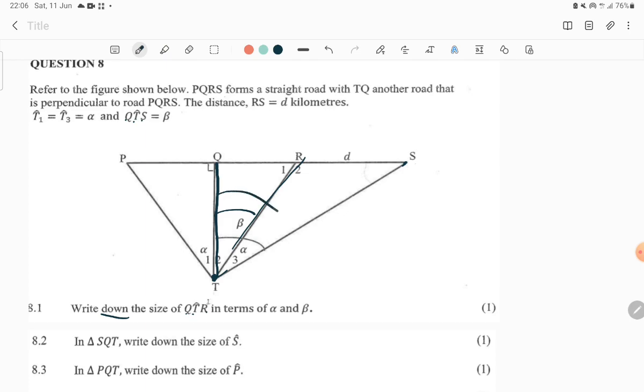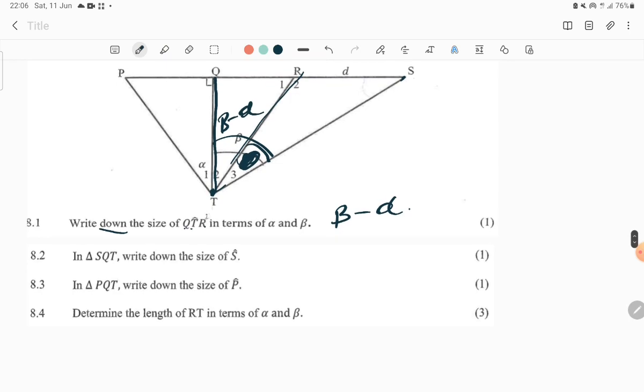If this whole angle is beta and this angle is alpha, then this one is going to be beta minus alpha, which means it's this one minus this one. So we just have beta minus alpha as the answer for 8.1.